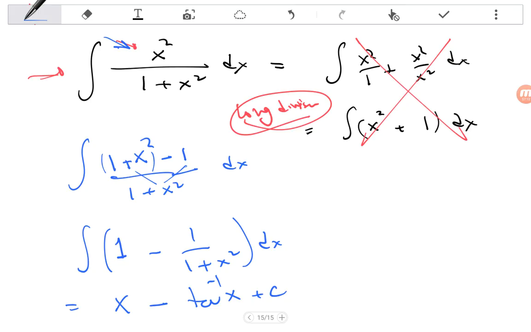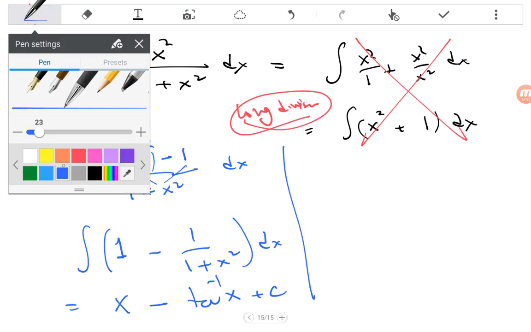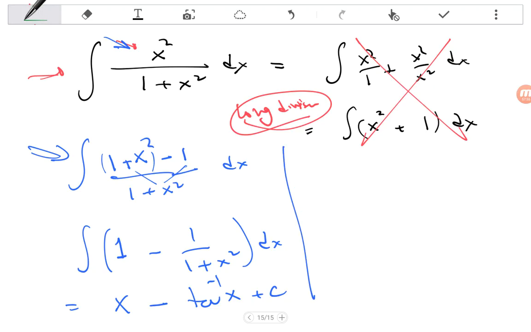Whenever I have a polynomial over a polynomial, it reminds me of the long division or an equivalent form where I add and subtract some terms that will make the problem simple. These two methods are equivalent. Let's solve it again, but by long division. And you must learn how to make long division. Okay. It is obligatory to know how to make long division.